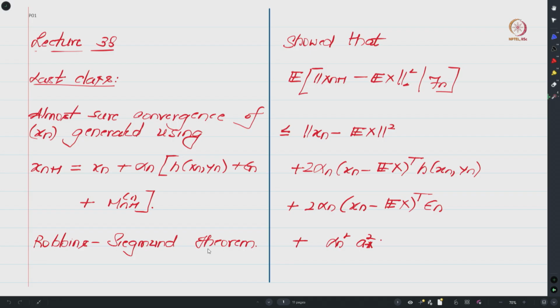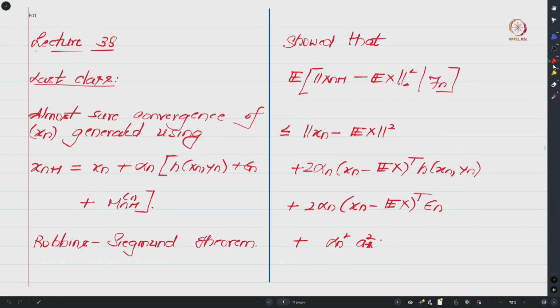So far, we have shown that this quantity is upper bounded by this term plus this term plus this term plus this. There was one more term that involved M_{n+1}, and that term goes away because it is a martingale difference term, and hence we were left with only these expressions.